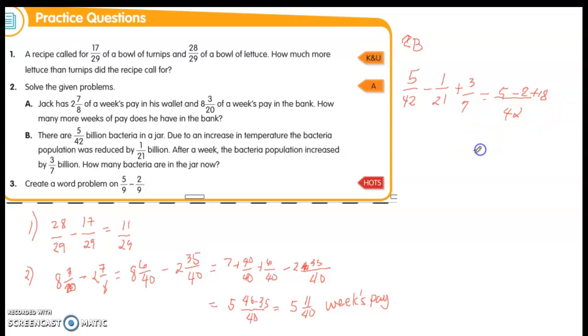So let's simplify. 5 minus 2 is 3, plus 18, you'll get 21. But what is the simplest form of 21 over 42? So this is equal to 1/2 billion.